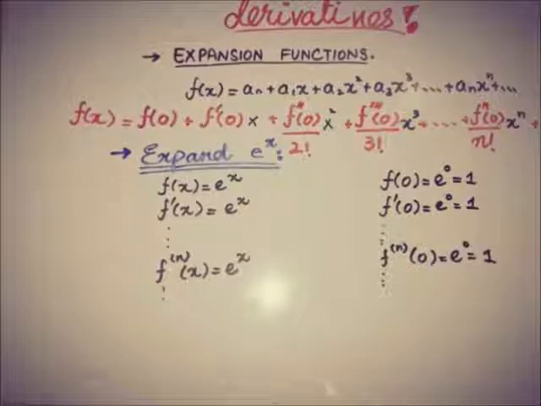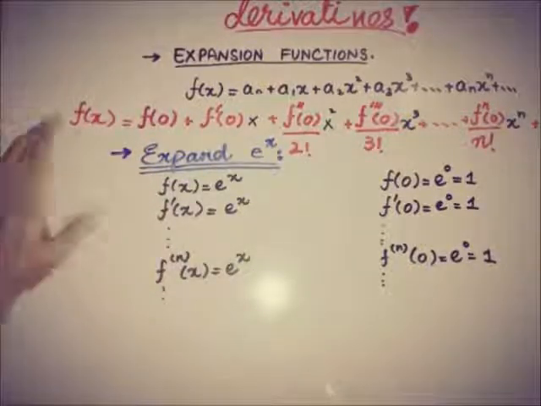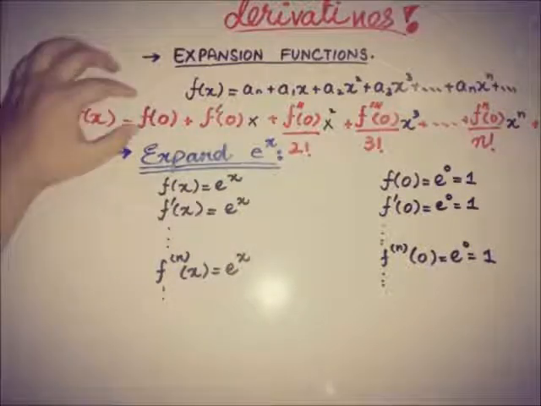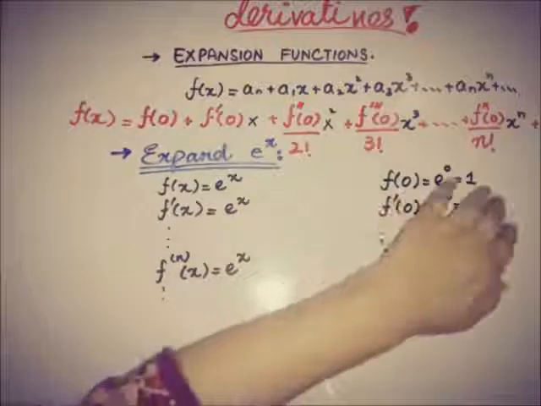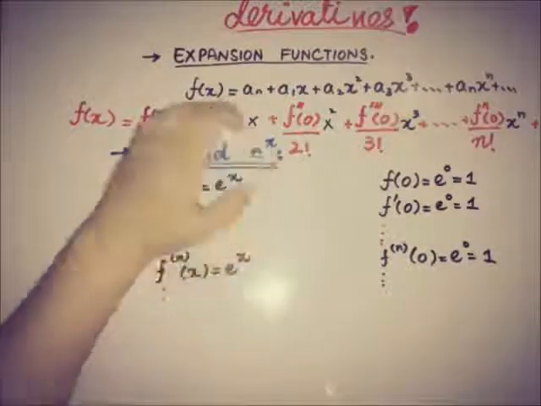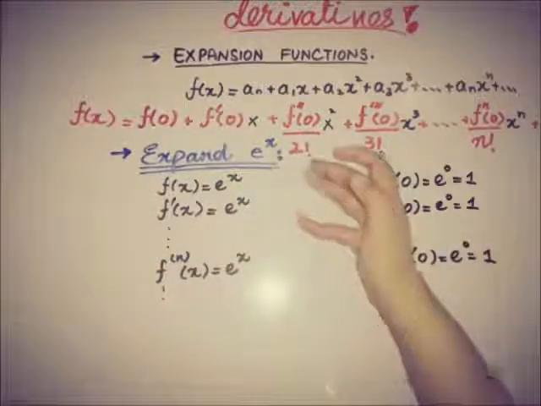Now we put these values in the general Maclaurin series, because f of 0 is 1, and f dash of 0 is also 1 with x, and the second derivative at 0 is also 1, divided by 2 factorial.